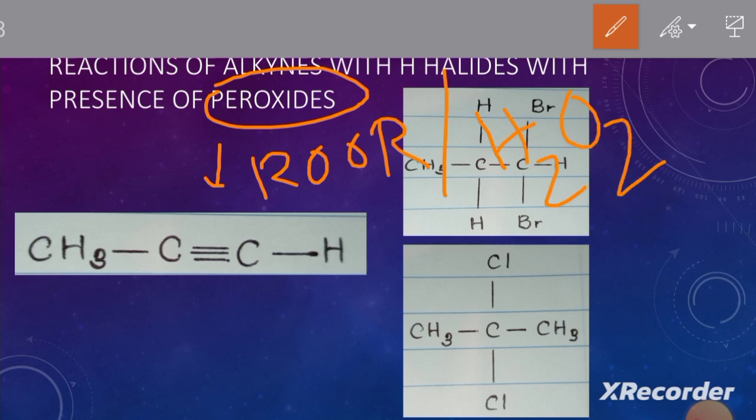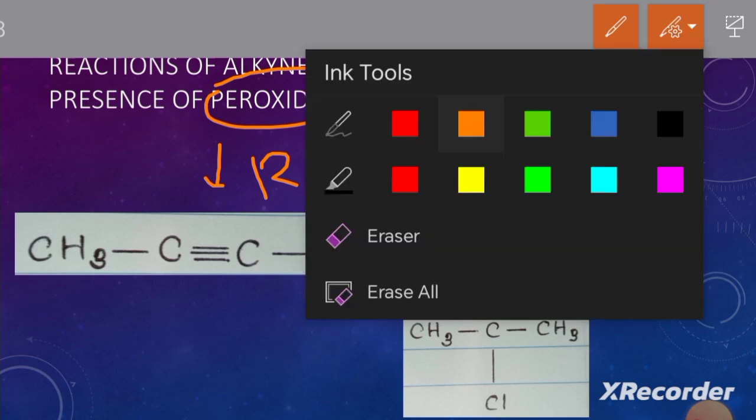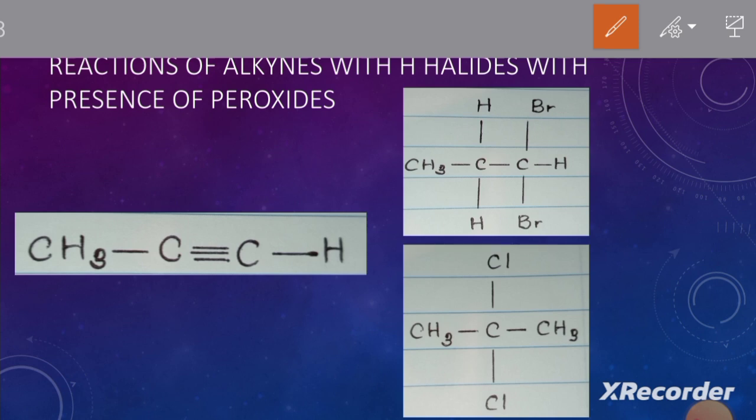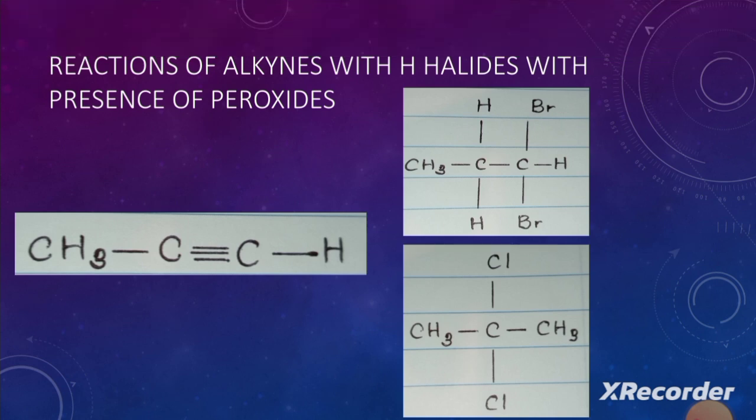What happens in a peroxide medium is that if we put HBr in peroxide medium, it undergoes anti-Markovnikov addition. According to Markovnikov's rule, hydrogen goes to the carbon with more hydrogen, but when you put HBr in the peroxide medium, hydrogen goes to the carbon with fewer hydrogen.